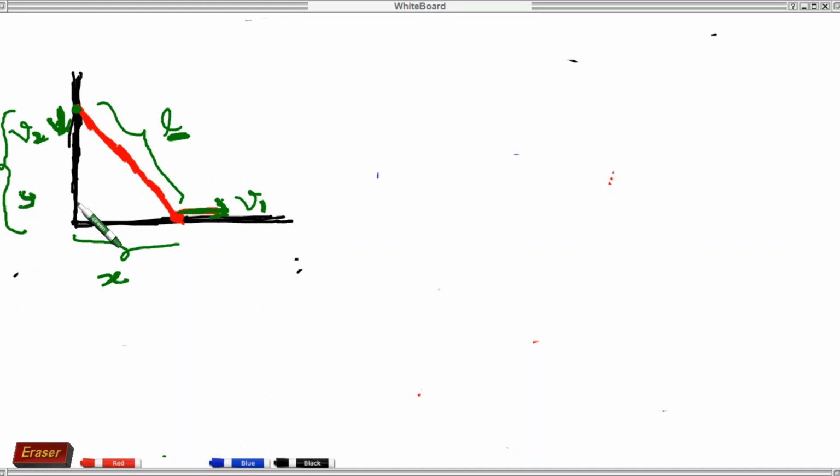Again Pythagoras in this right angle triangle: L square is equal to x square plus y square.